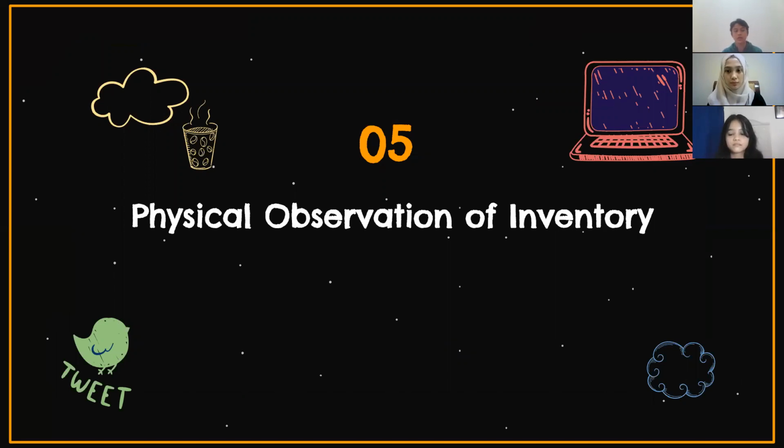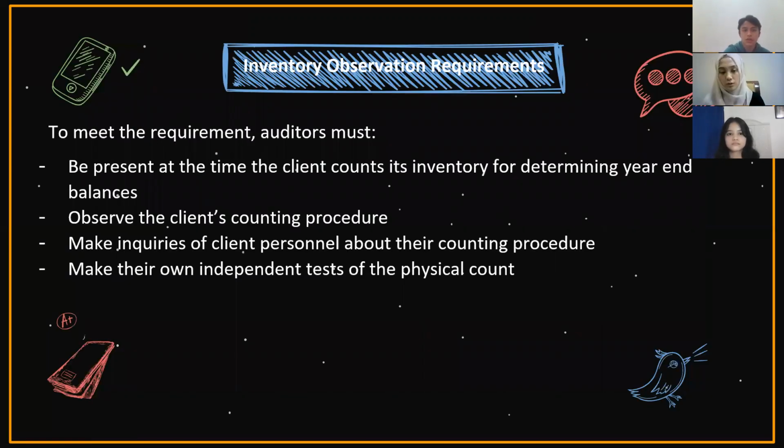The next learning objective is about physical observation of inventory. The first one is about inventory observation requirements. Auditing standards require auditors to satisfy themselves about the effectiveness of the client's methods of counting inventory and the reliance they can place on the client's representation about the quantities and physical condition of the inventories.